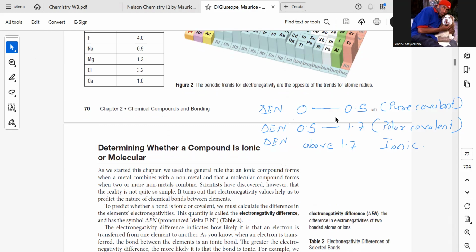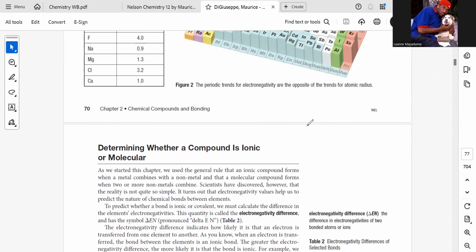Now we did the example of HCl, so I'll take that example again. This was the structure, and we know the values are 2.20 and 3.16, so we got the difference as 0.96.